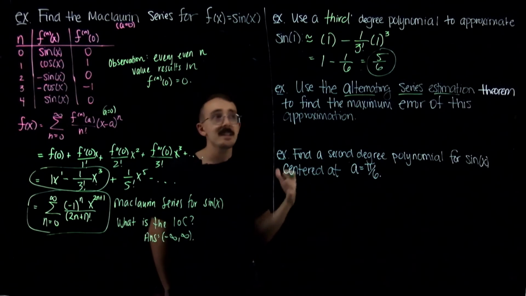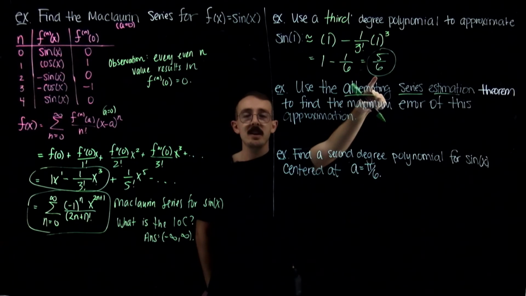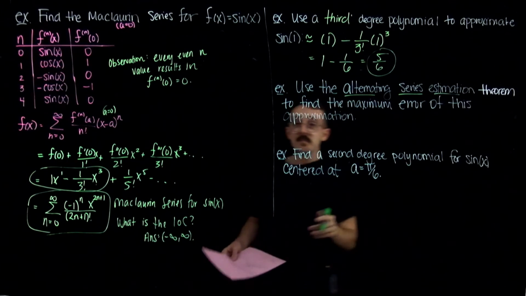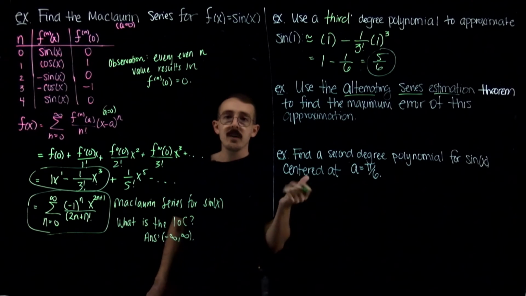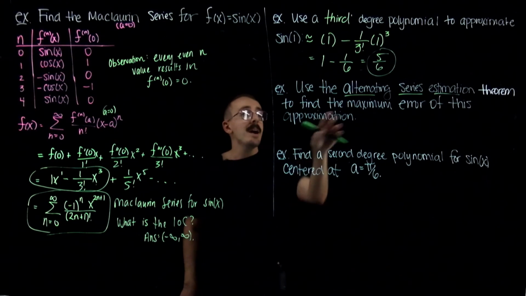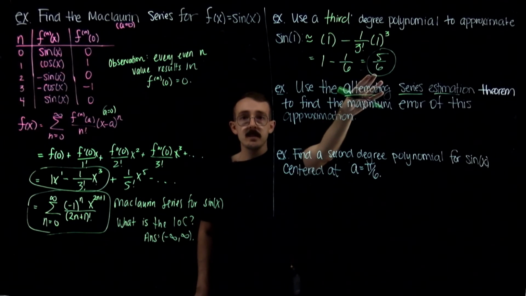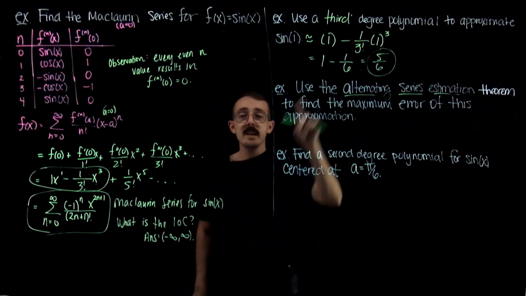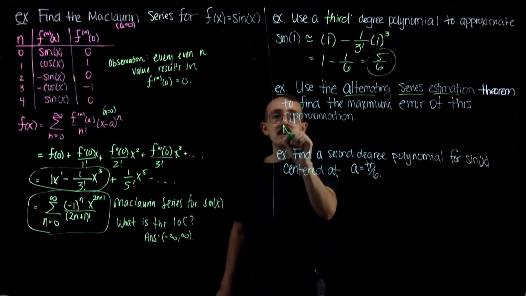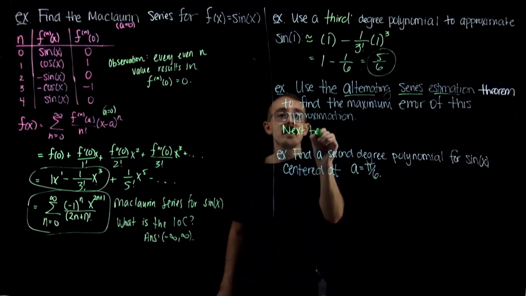So what I'm going to ask now is, how good of an approximation of sine of 1 did we get? So we're going to find the maximum error of this approximation. If you recall from our alternating series estimation theorem lesson, the maximum amount of error that this produces in the true sum is the magnitude of the next term. So what we need to do is look at the next term.